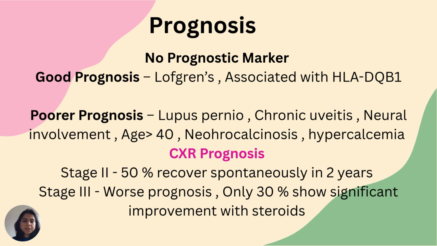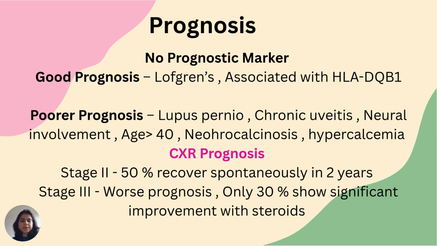With regard to long term prognosis, there is no particular prognostic marker that can be used. The prognosis is decided based on the presentation. Lofgren's has good prognosis, and symptoms which are associated in patients with HLA DQB1 have generally been shown to have good prognosis.